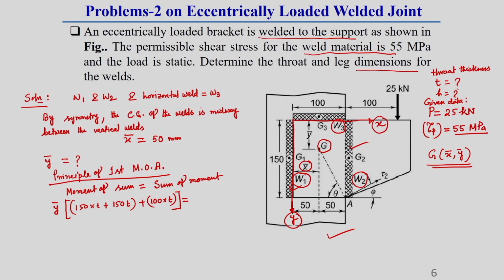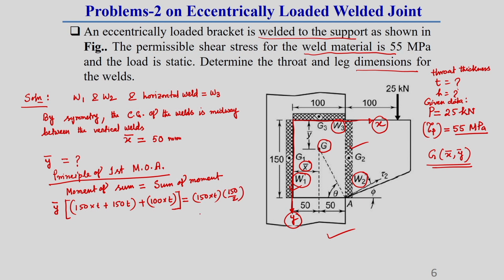Sum of moment means individually we will find out the moment of each weld with respect to this x axis. You see, with respect to this x axis, let this be our first weld. The first weld moment will be: first weld area is 150 into T, and the CG distance of this first weld from the x axis is 150 by 2.